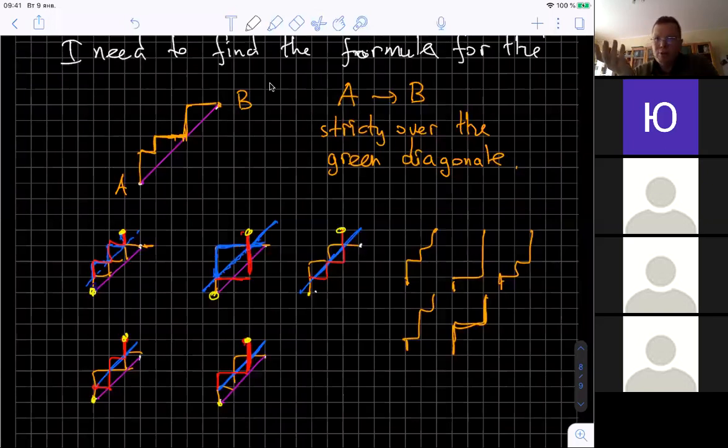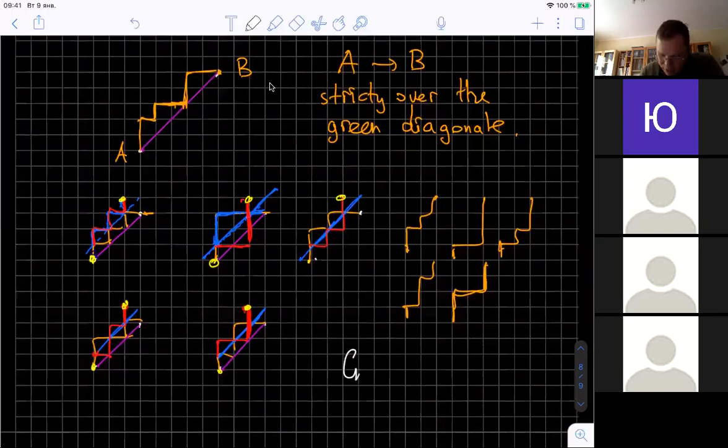Do you remember the formula that we proved for the Catalan numbers in the previous lecture? What is the formula for C_n?